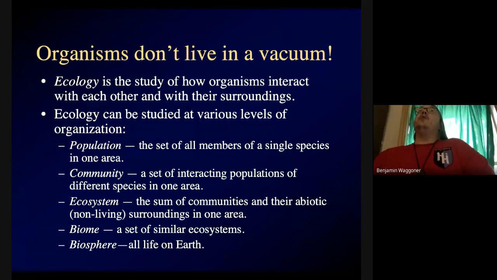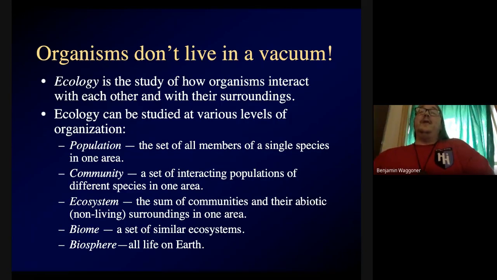So if we're talking about my lawn, we could talk about the population of clover on my lawn. Or we could talk about the plant community of my lawn, which just means the clover and the dandelions and the crabgrass and the thistles and everything else that's growing there. All of the plants on my lawn together interacting with each other.